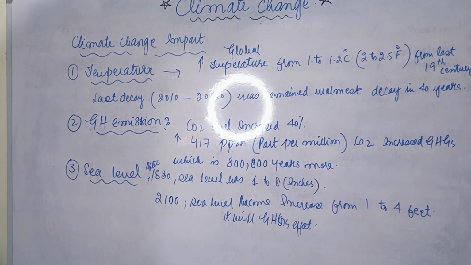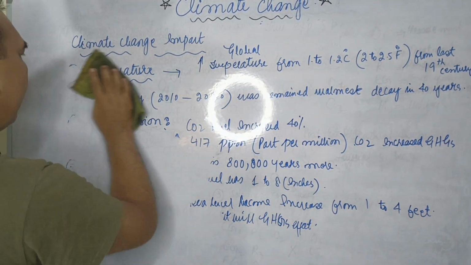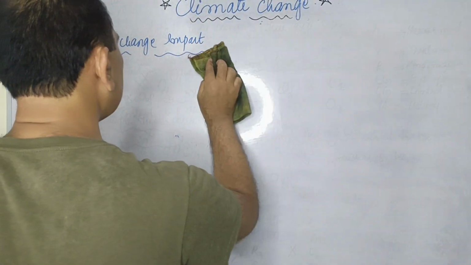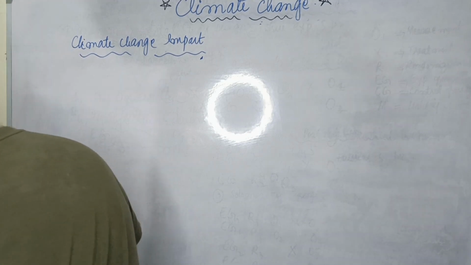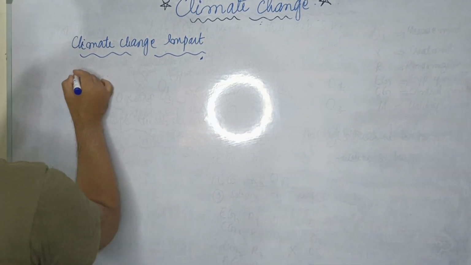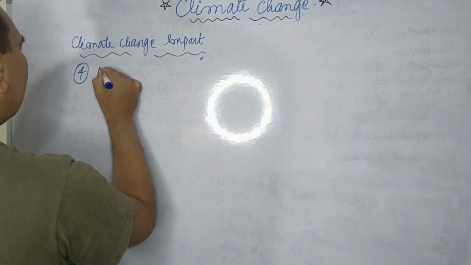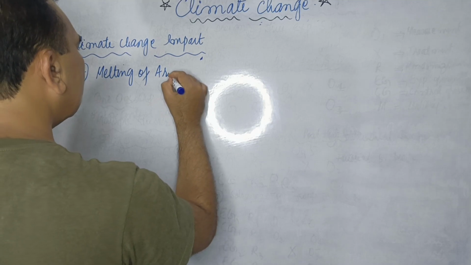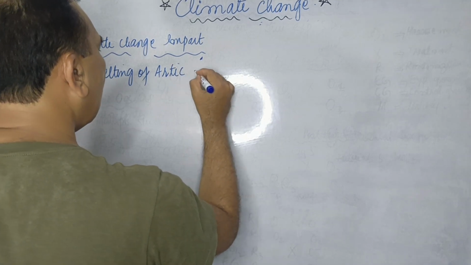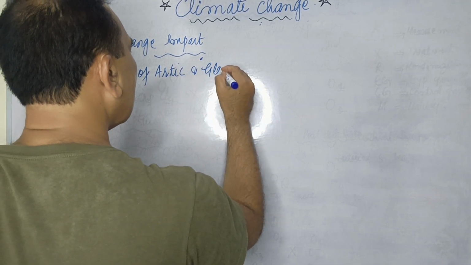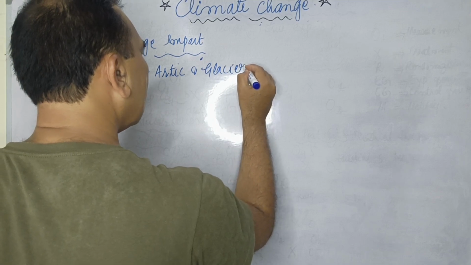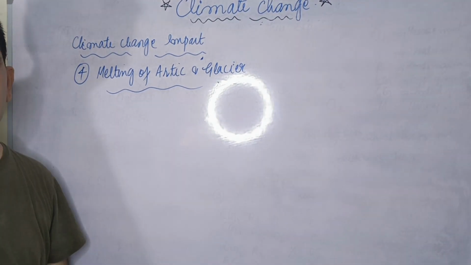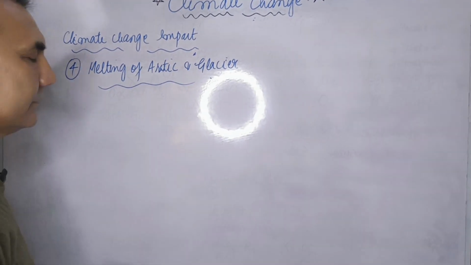So these are some impacts. Another impact of global climate change is the melting of the Antarctic and the glaciers.